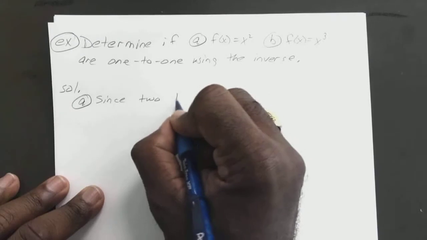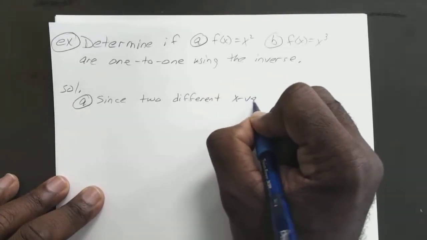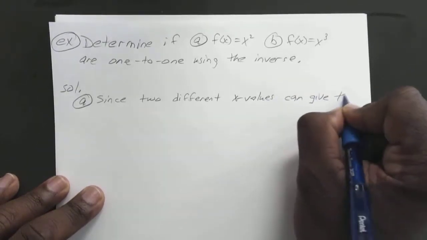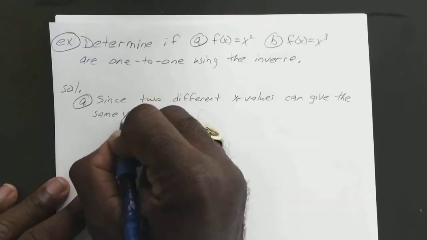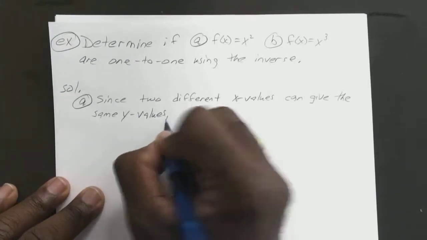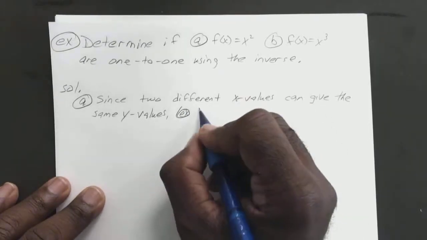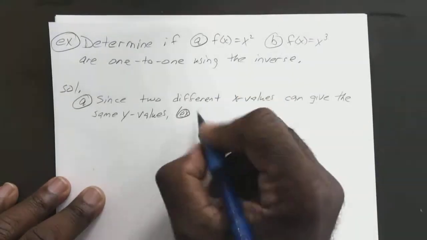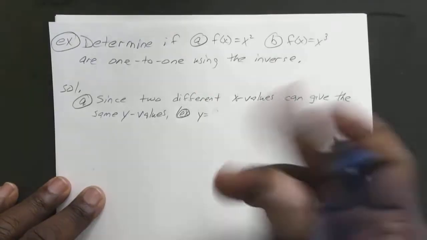Since two different x values can give the same y values, so for example, if you made that y equals x squared, why do I keep wanting to write that?